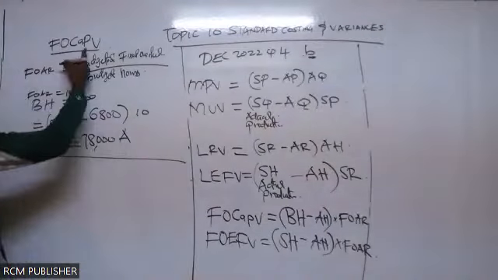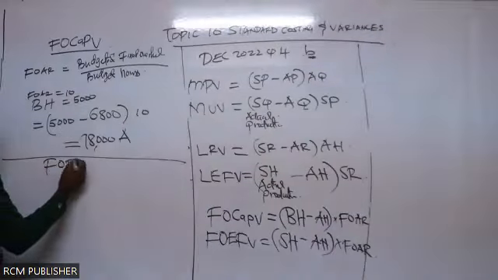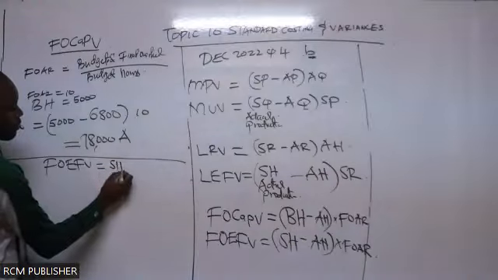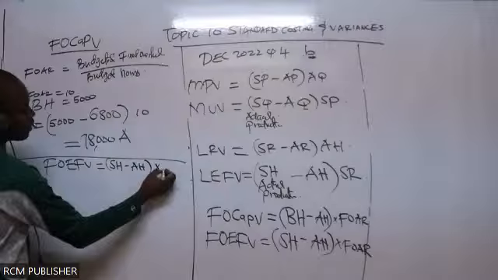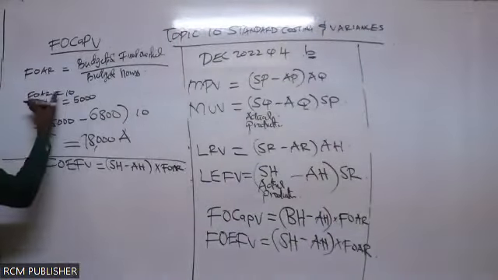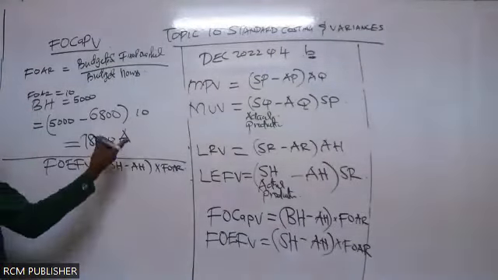So that is fixed overhead capacity variance. Fixed overhead efficiency variance is equivalent to the standard hours minus actual hours, then you multiply by fixed overhead absorption rate. We already have our fixed overhead absorption rate. Whatever we are lacking now to replace this is the standard hours.